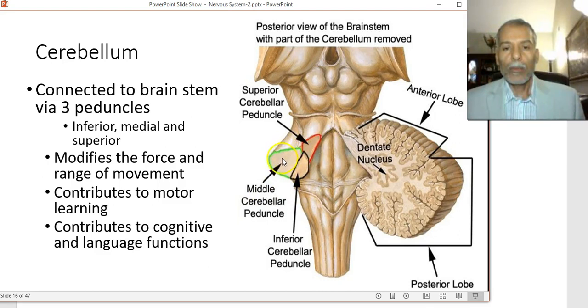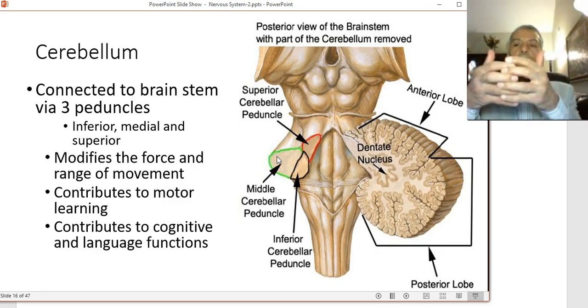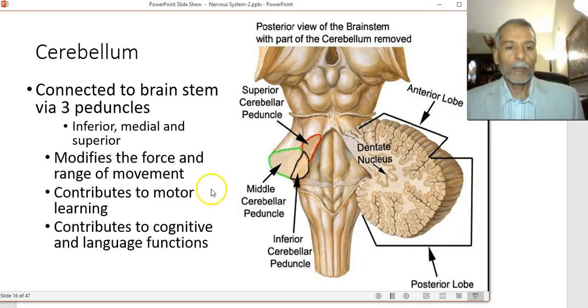So, the middle, and then the inferior, and then the superior. But this one goes to the spinal cord, and this one goes up to the brain, and this one, the middle, is the one that wraps around. So generally, the cerebellum contributes to cognition, contributes to motor learning, and it contributes to cognitive functions as well.